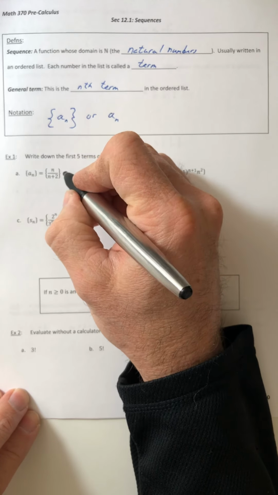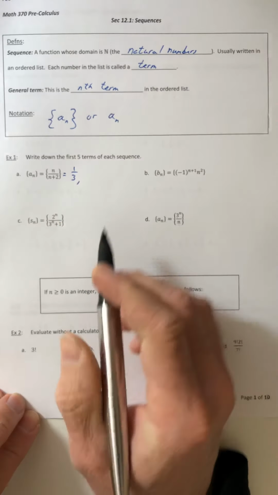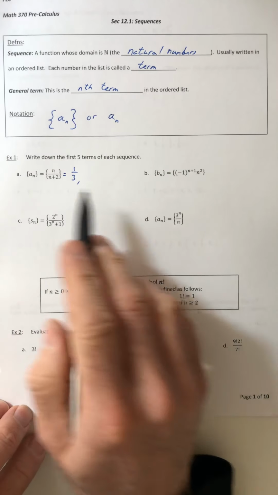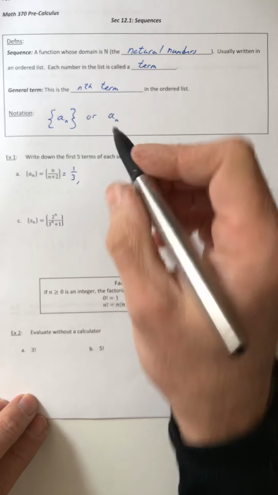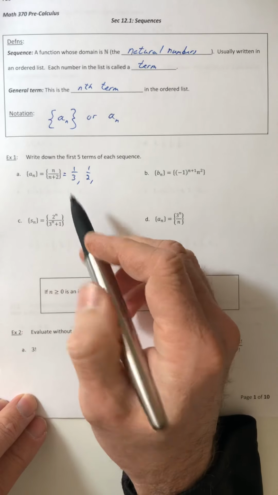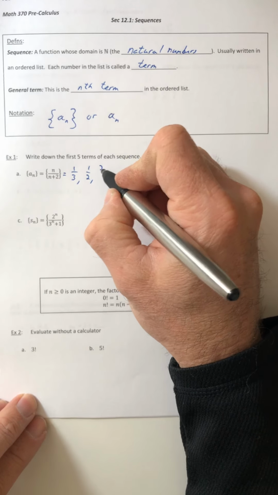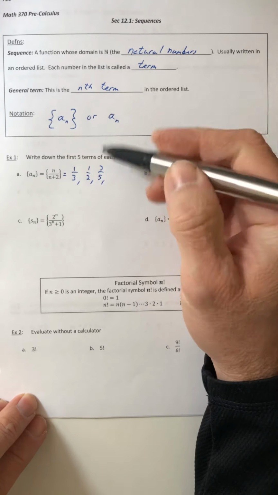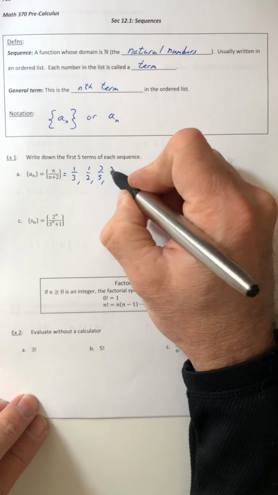and if you do, that would give you 1/3. Now plug in n equals 2, and that would give you 2/4 or 1/2. Plug in n equals 3, so 3/5. n equals 4, 4/6 or 2/3.